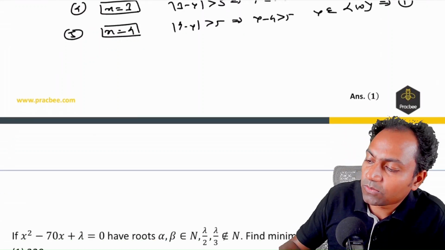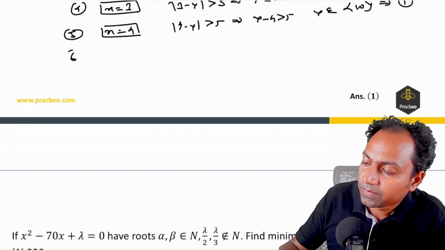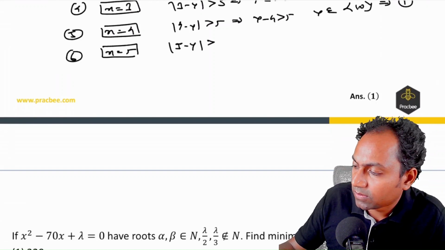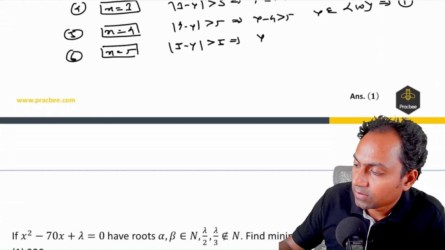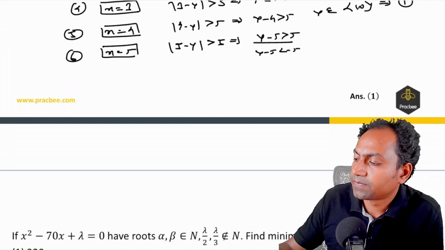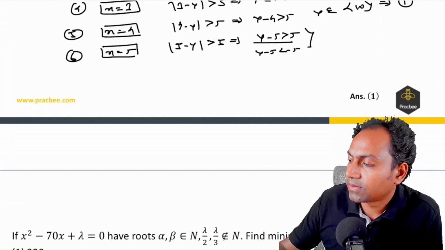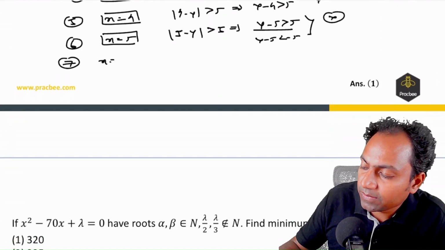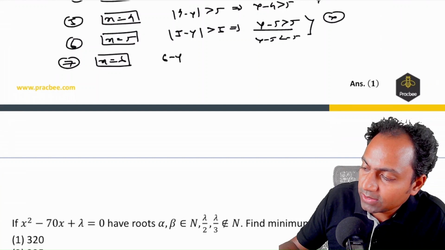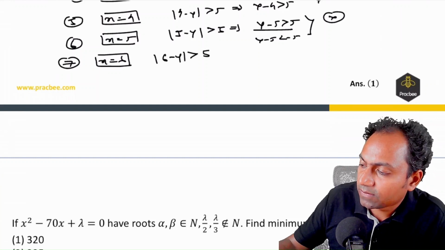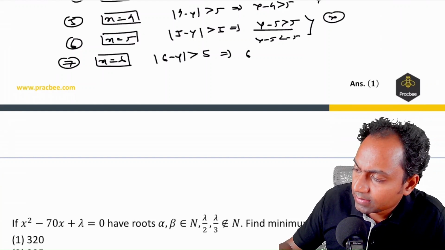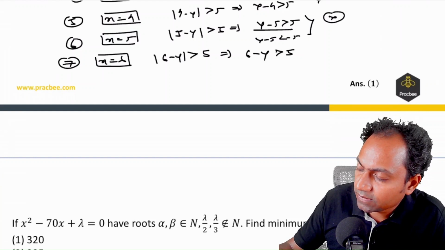And now corresponding to x equal to 5, what we have is mod of y minus 5 is greater than 5. So there are two ways we can write this. There are no values that are getting satisfied. And there is no answer corresponding to these values. And now after this, the things will start getting flipped. If I put mod of 6 minus y greater than 5, the solution will come when I write 6 minus y is greater than 5.